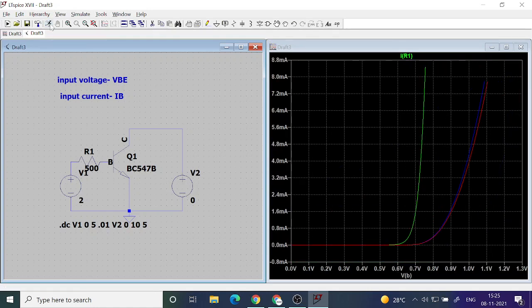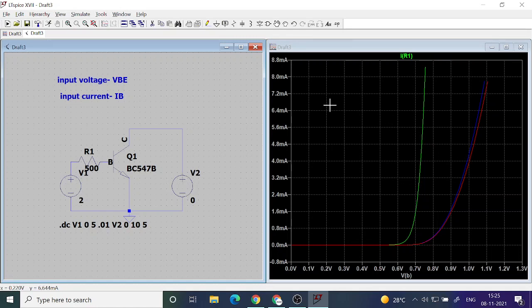Now you can see 3 curves. The first curve, I hope, corresponds to green, 0 volt, and then the next one.